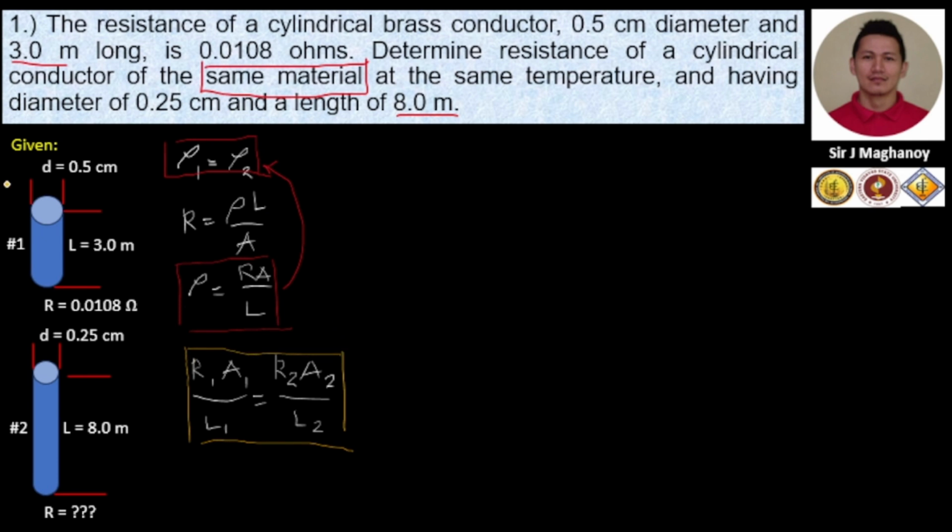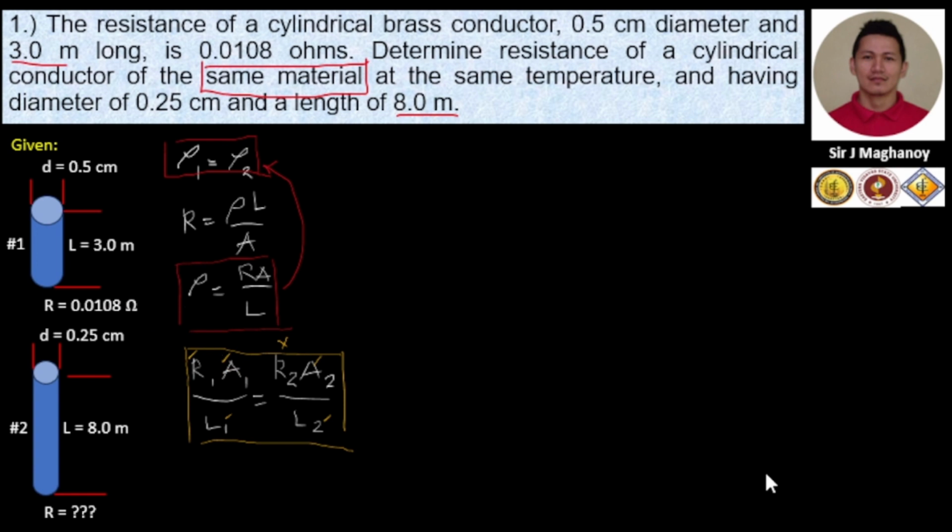But wait, we need to review if all data are available. The resistance is given, the cross-sectional areas are given in diameter, R2 is the unknown, and both lengths are given. So we need to deal first with the cross-sectional area of our conductor.